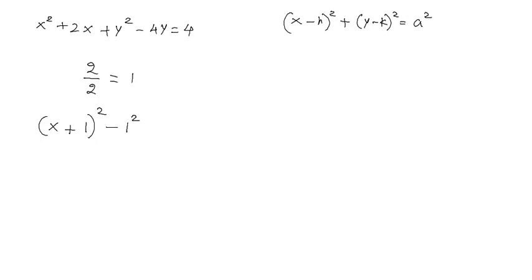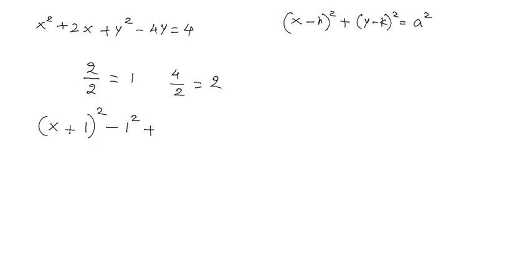Now I have to take the y term, I mean the coefficient of y which is 4. As I have done for the x term, dividing the coefficient by 2, for the y term also I have to divide the coefficient 4 by 2. When I do so, I get 2.